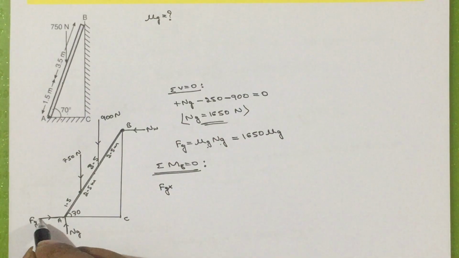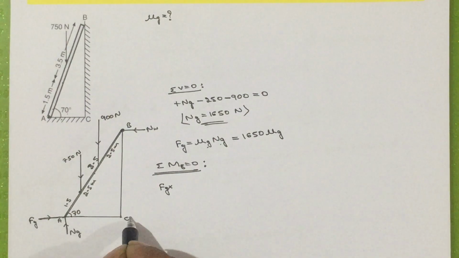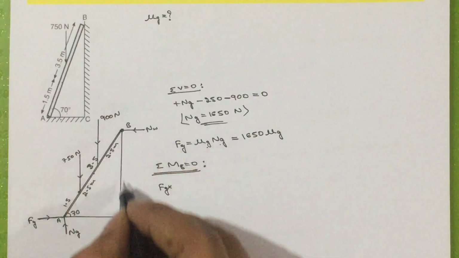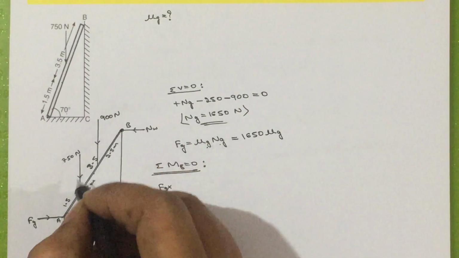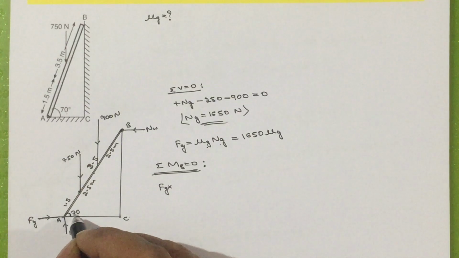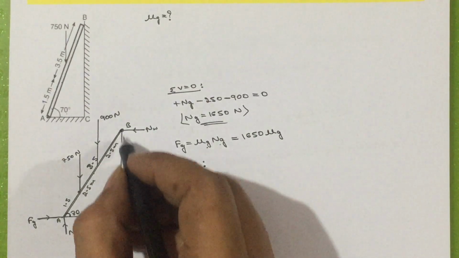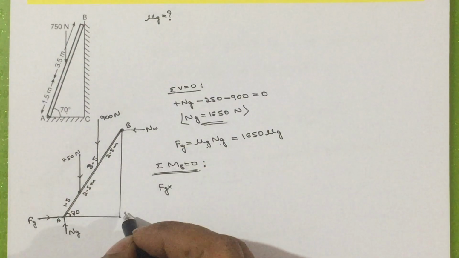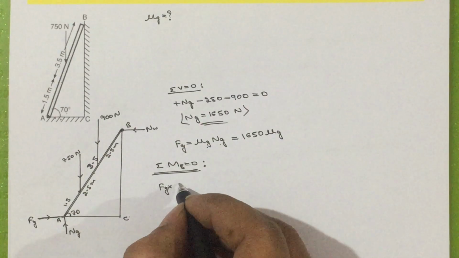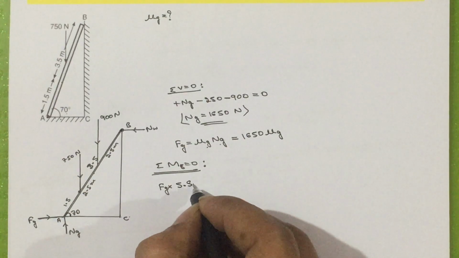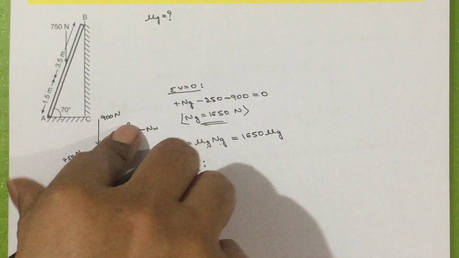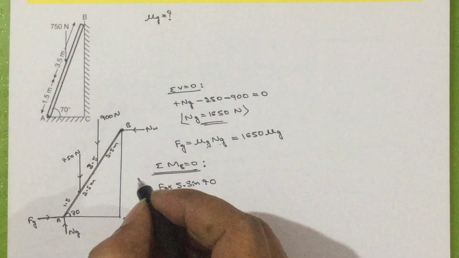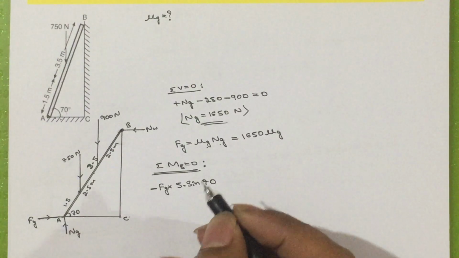The perpendicular distance between this line and the B point is the vertical distance, L sin theta, that is 5 into sin 70. With respect to the B point, this force acts anti-clockwise, so minus.